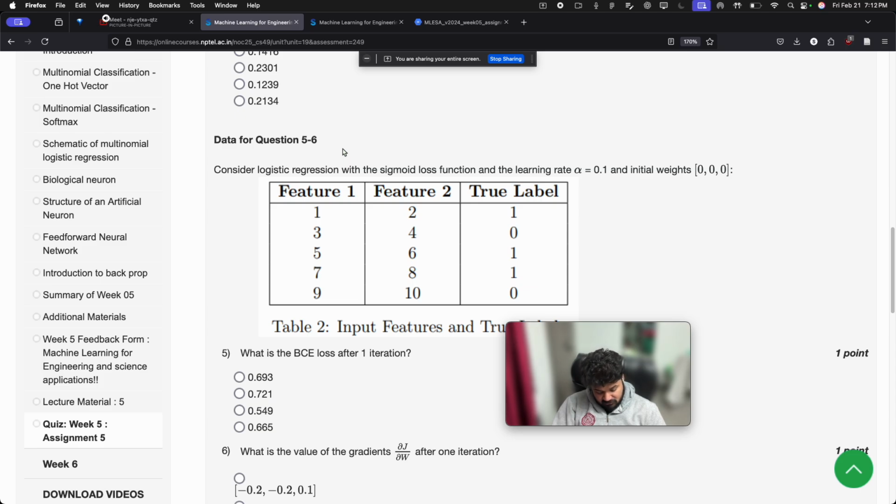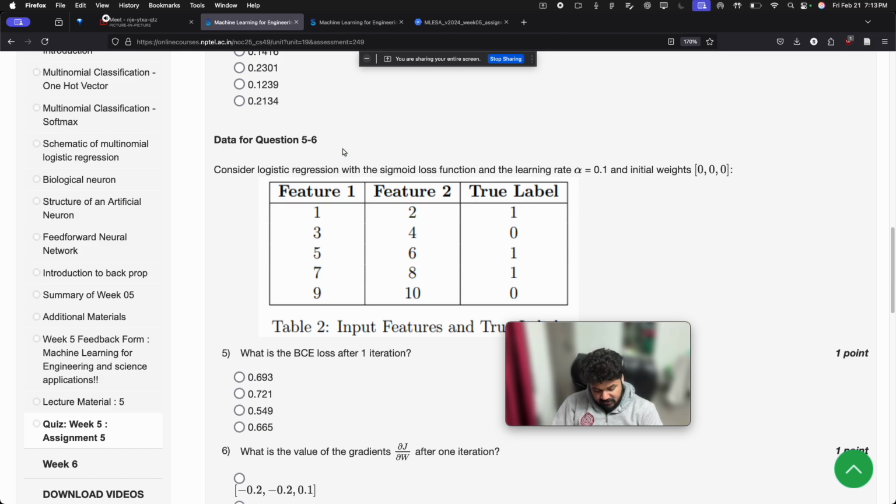Is this screen visible? So you will have two features, x1 and x2. For linear regression, your y is w0 plus w1 x1 plus w2 x2. We have been given initial weights as 0, 0, 0, so I assume there is a bias weight as well. Bias is 0, this is w0, this is w1, this is w2.